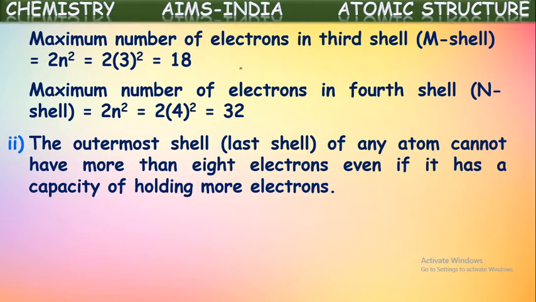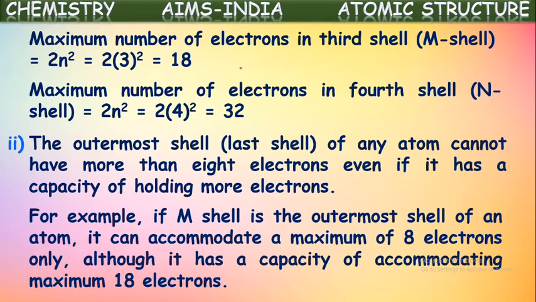For example, if the M shell is the outermost shell of an atom, M shell means the third shell. So it can accommodate a maximum of 8 electrons only, although its capacity is a maximum of 18 electrons.